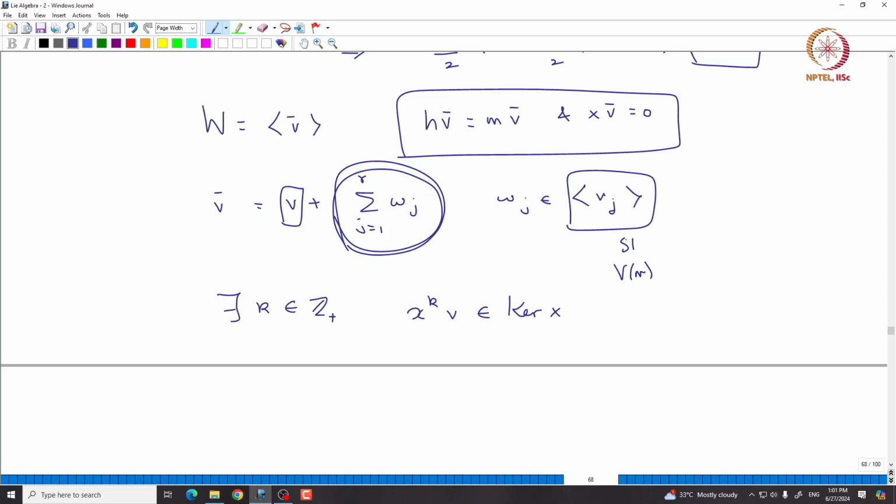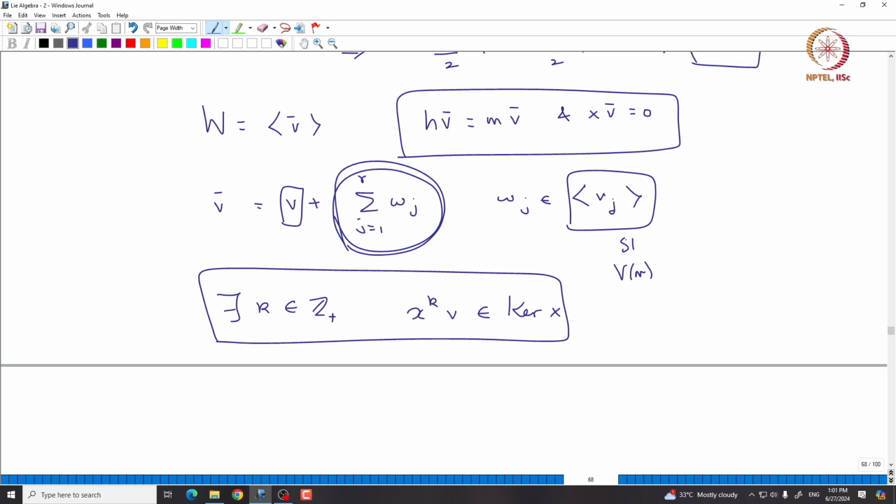Okay, so let us go slowly. You have this v bar which is written as v plus some elements from that submodule generated by v_j. Now, it is easy to see that there exists k in Z_+ such that x^k v is in the kernel of x.